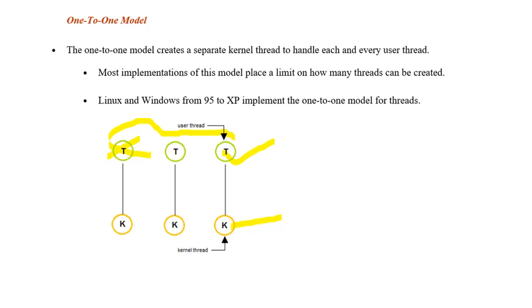This comes under the disadvantages of the one-to-one model. The restriction varies from one operating system to another; some might restrict a lot, and for others the restrictions might be very high. So this is about the one-to-one model.